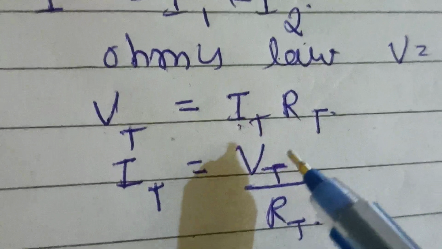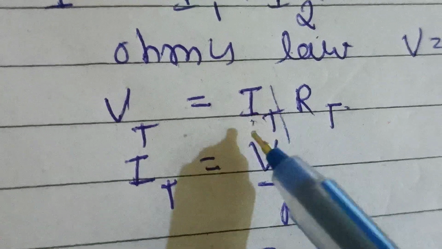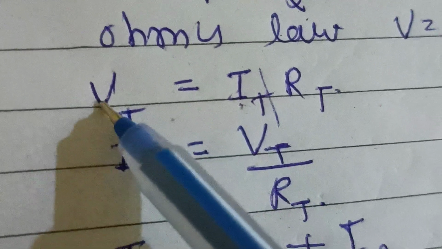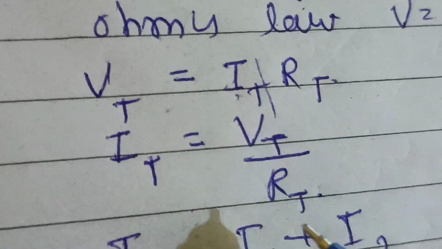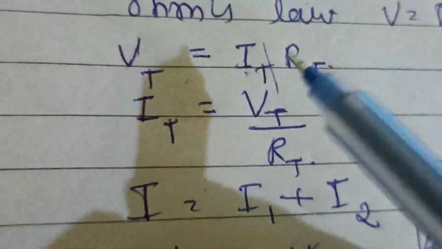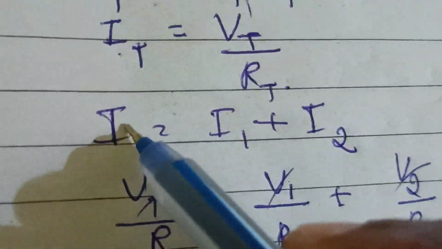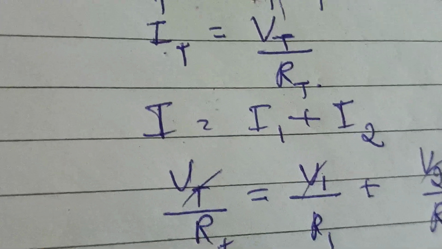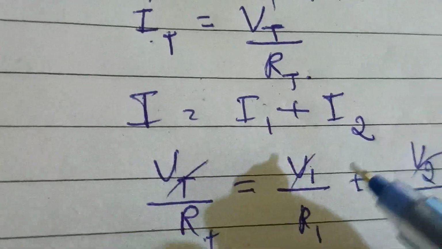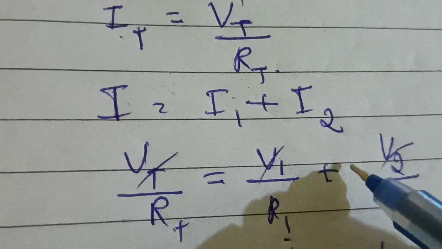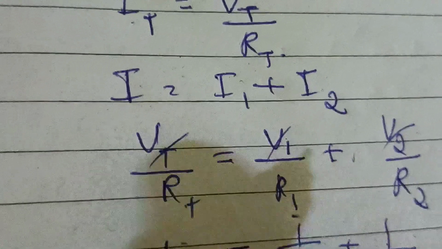Now what do you want? You want the current, isn't it? So IT is equal to V, R will come to this side, so divided by RT. Now apply this to the formula, whereas I equal to VT by RT equal to I1, which is V1 by R1, plus I2, which is V2 by R2.